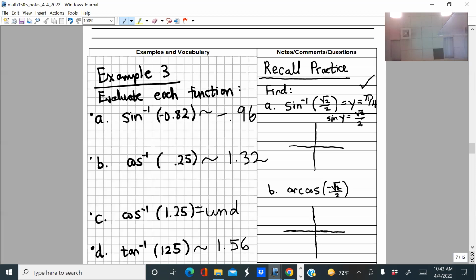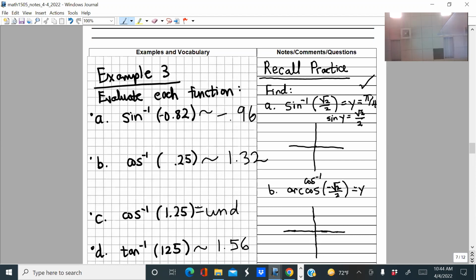All right. So now this one's a harder one, so I want you guys to try this one. Arc cosine. Arc cosine is the same as cosine inverse, the old-fashioned name for cosine inverse. So the way you start this is, I'm going to call this y. I know y is an angle. And what do I know about the angle y? Its cosine has to be minus the square root of 2 over 2.